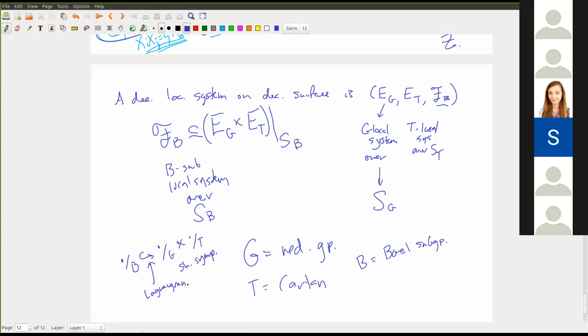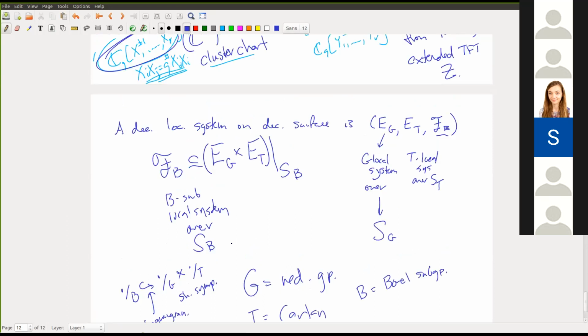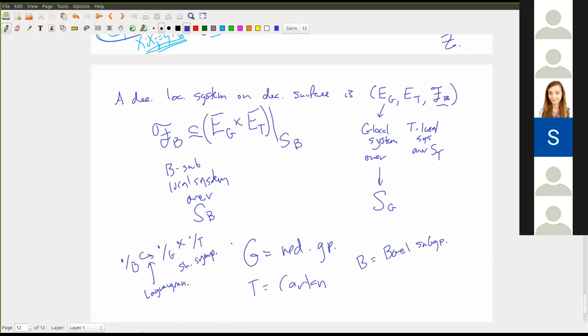But in maybe more down to earth terms, when we quantize this picture, what happens is that there was this claim that Rep_q B is a morphism from Rep_q G to Rep_q T in braided tensor categories.